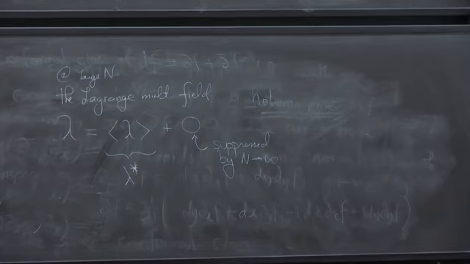And so what happens at large n is that there is this effective action that will localize lambda at that fixed value.